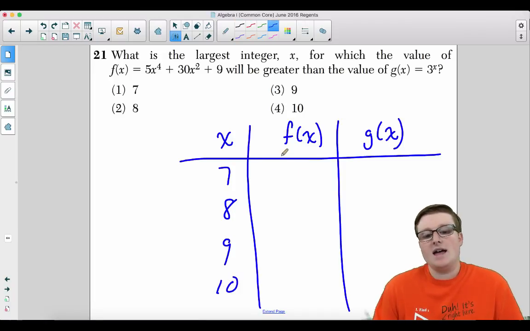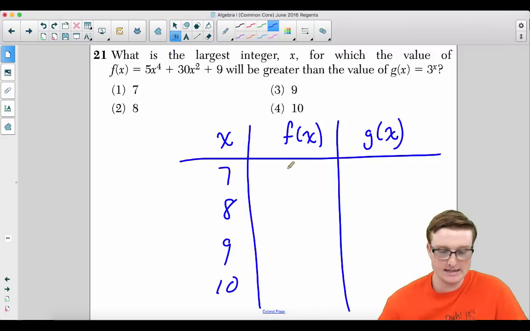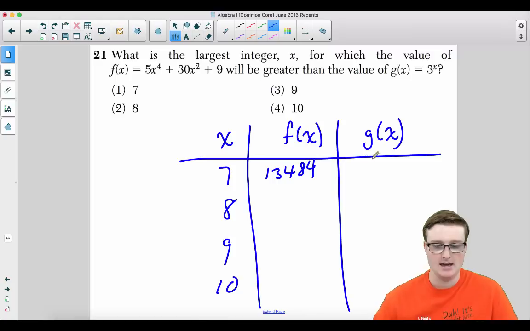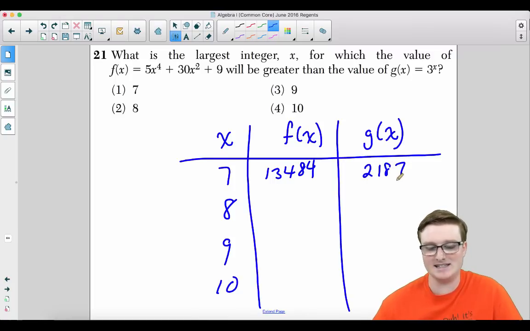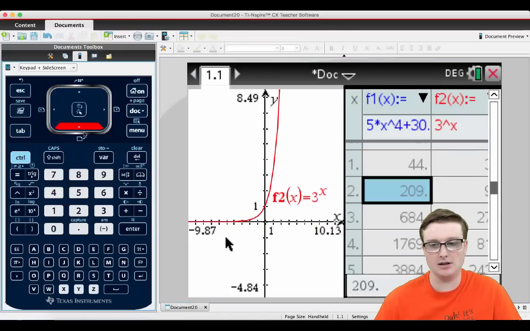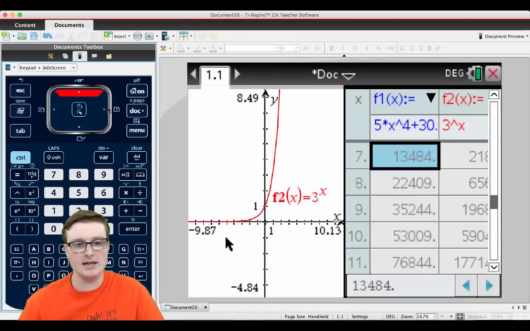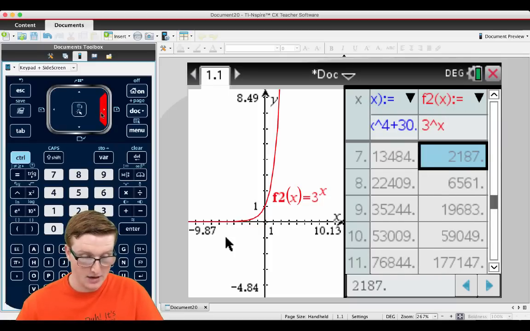When 7 is inputted into f(x), your value is 13,484, and when 7 is inputted for g(x), that is equal to 2187. By the way, this is all found by pressing Control T on your calculator and looking at 7, 8, 9, 10. If you look here, we're looking for where the blue exceeds the red.